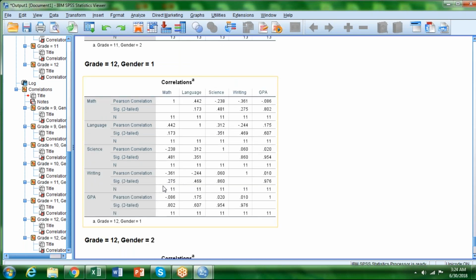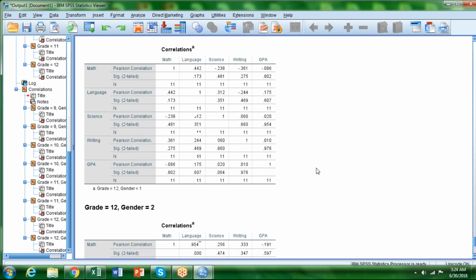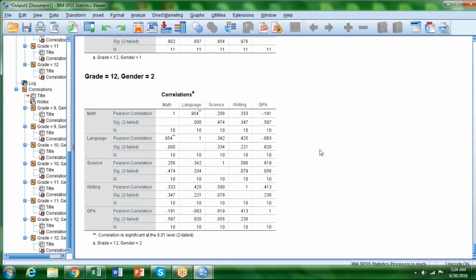And then in the 12th grade, I'm not seeing any statistically significant correlations for the males, but for the females, between math and language tests, there's a 0.94. So your females are doing much better in the 12th grade, and they're the ones who are driving your correlations. They're the ones helping create that relationship between the two tests.